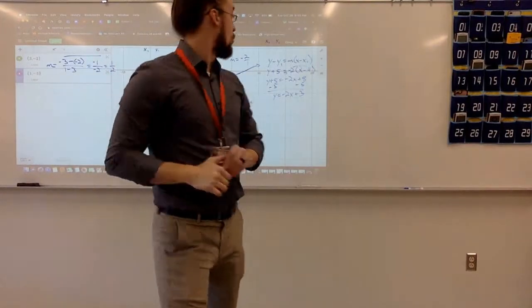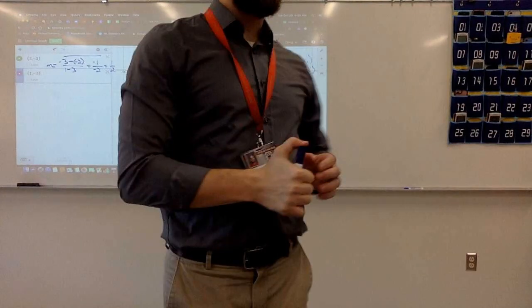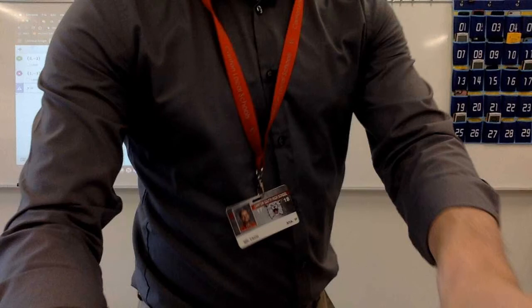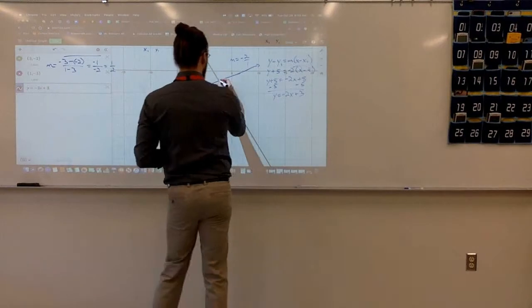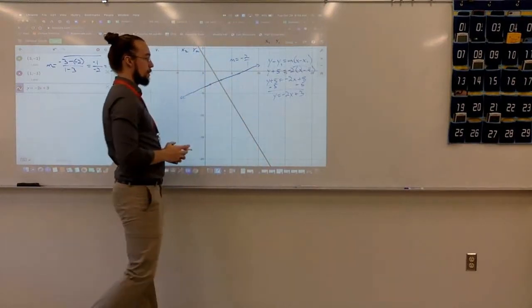Then if I graph what we found our perpendicular line to be, y equals negative 2x plus 3, I can see that those two lines end up being perpendicular.